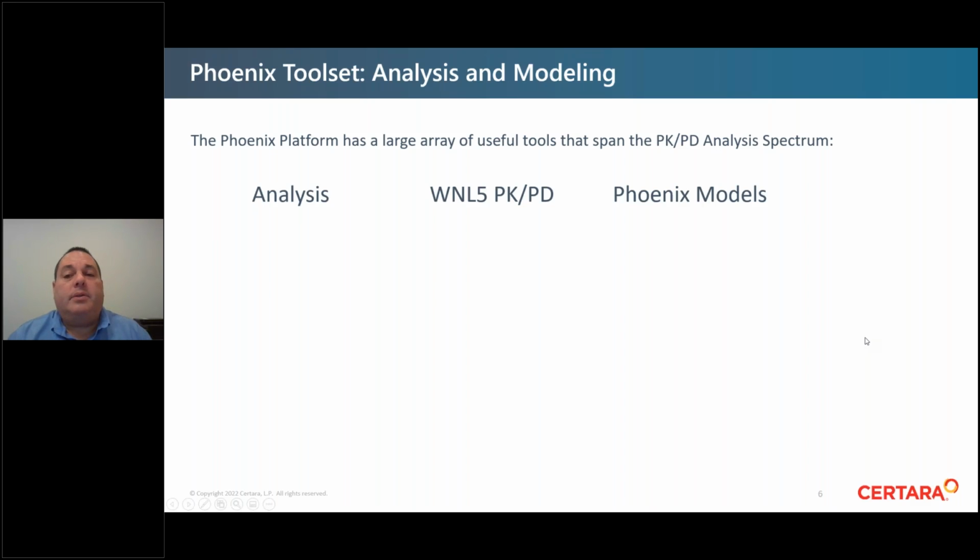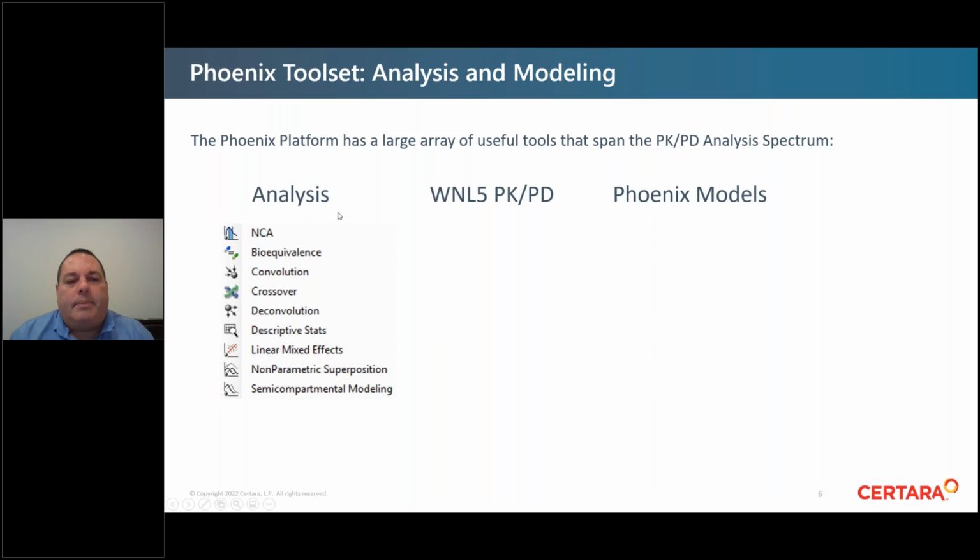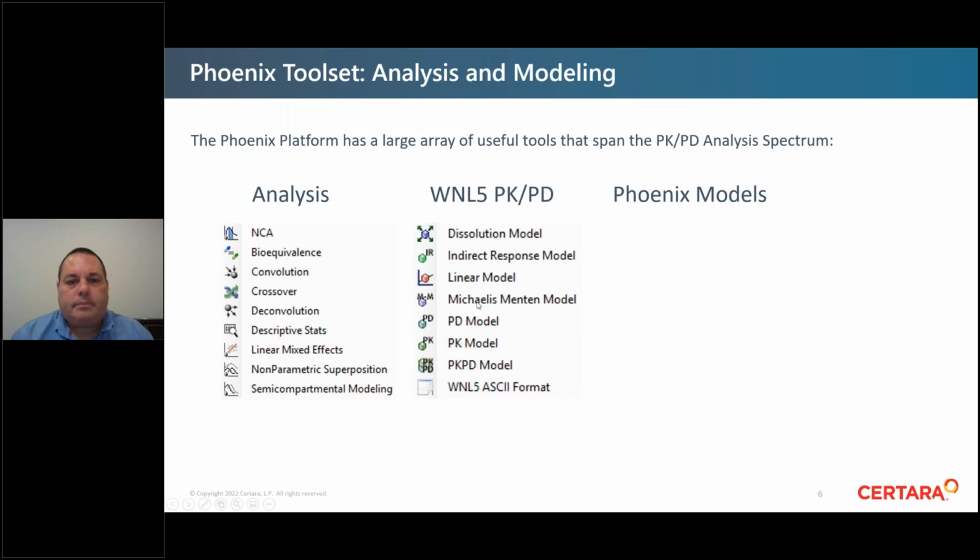Okay, some additional tools that Phoenix has from the analysis perspective. Probably the most commonly used tool in the Phoenix platform is the non-compartmental analysis tool. It's used very commonly in preclinical or clinical studies, but primarily preclinical. We also have a bioequivalence analysis tool and several other analysis tools, descriptive stats, non-parametric superposition, and so on.